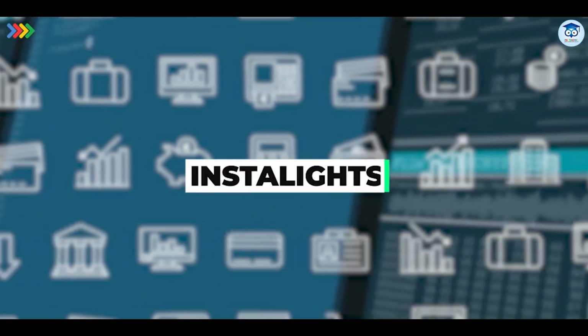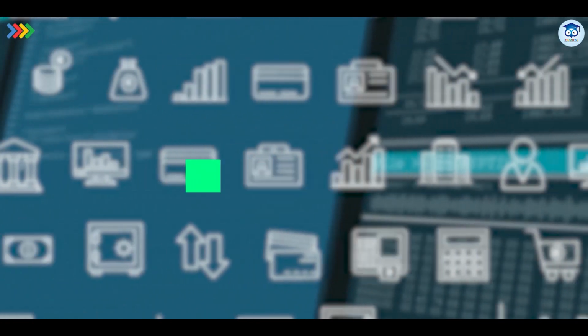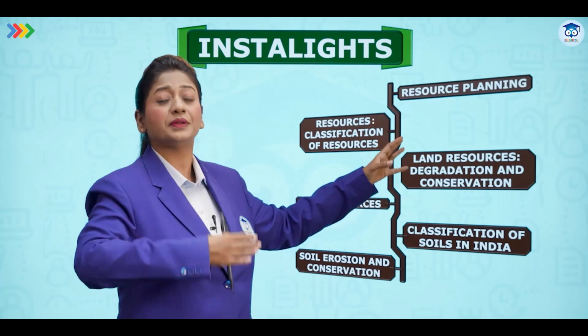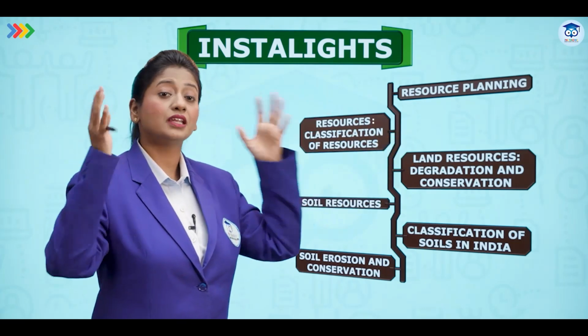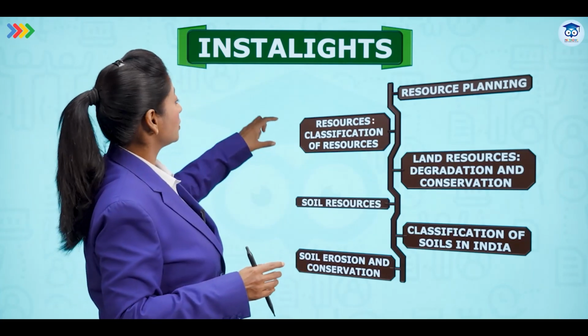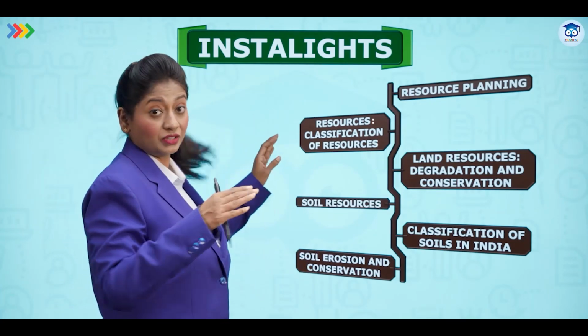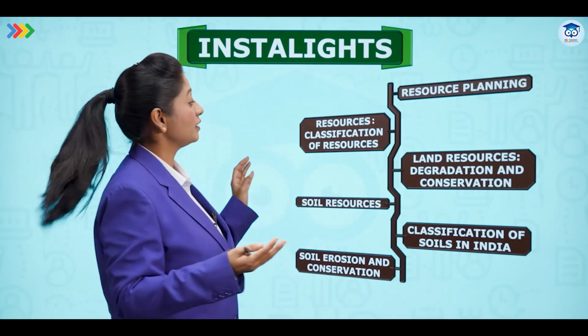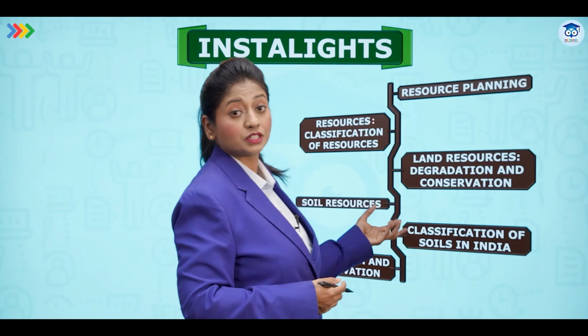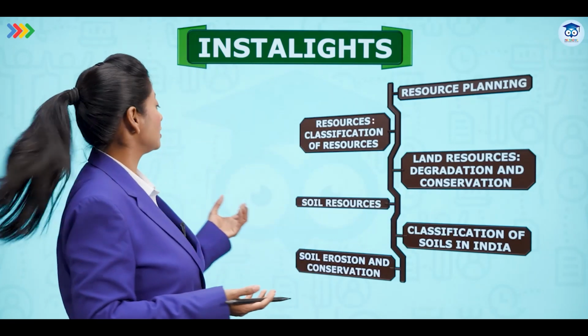Now let's quickly revise what we have studied in this chapter. We spoke about resource planning, how resources should be planned and used so that sustainable development can be brought about, right? Then we spoke about resource classification, and we classified the resources very well. Land resources, degradation and conservation of land resources: we spoke about how we can conserve these resources.